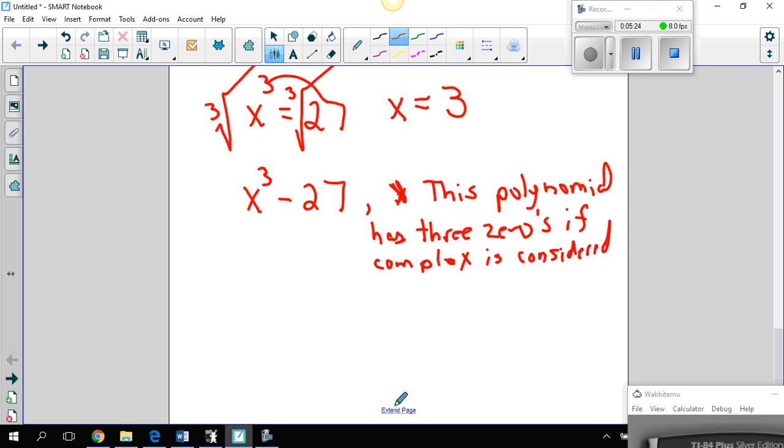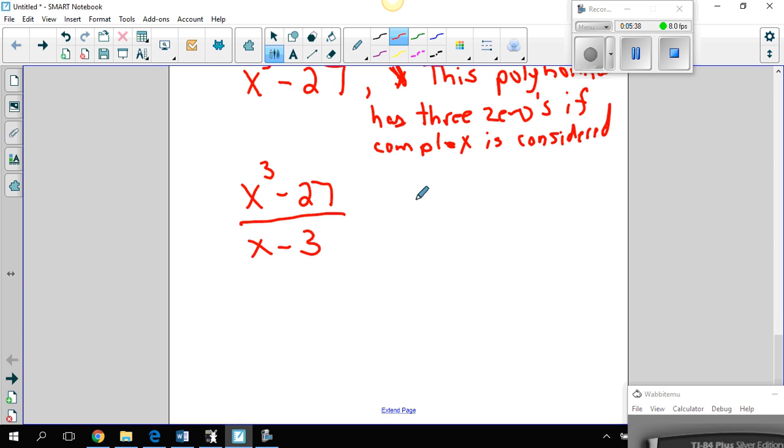Now, we could take this and divide by the corresponding factor, but then we'd have to get into long division or synthetic. It doesn't hurt to mention it. 1 for the cube, 0 for the square, 0 for the x, minus 27.